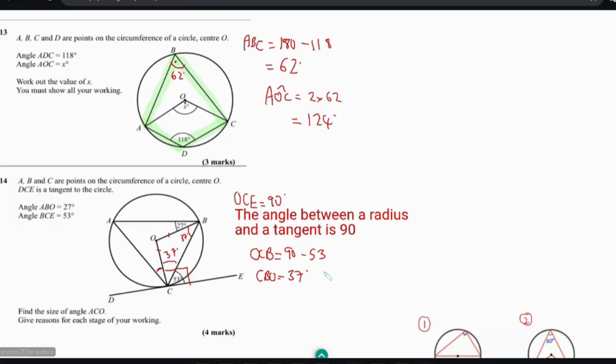And your reason is isosceles triangle. Okay, then we have the angles in a triangle add to 180. So COB is equal to 180, take away 37, take away 37, 106.